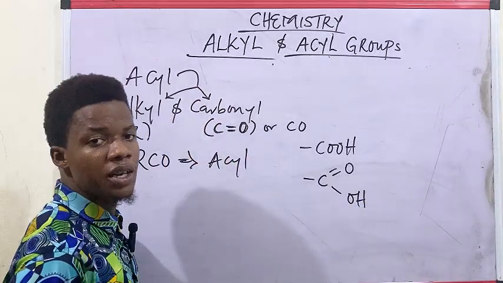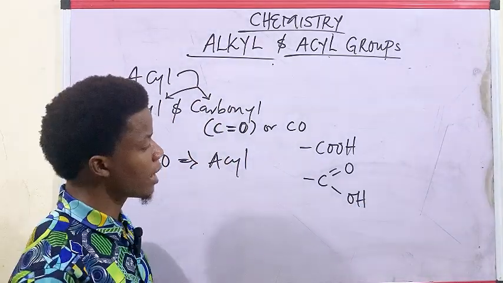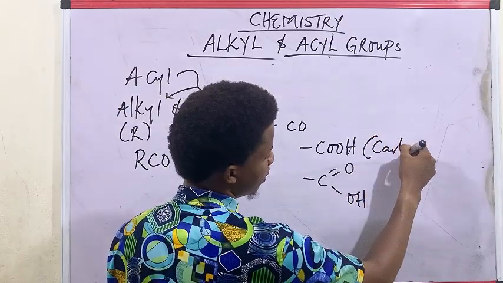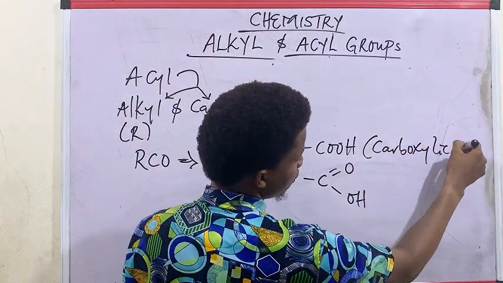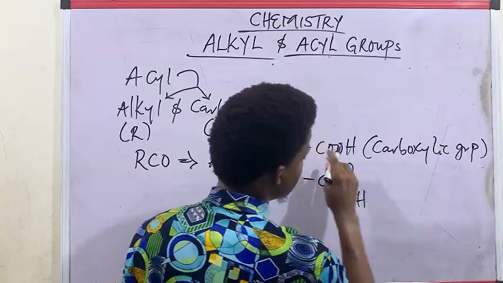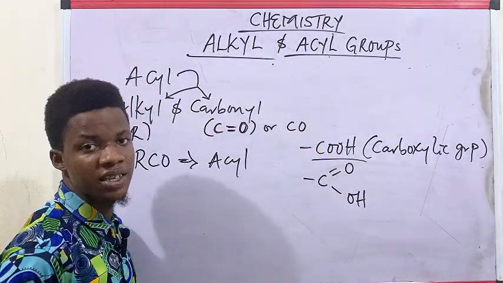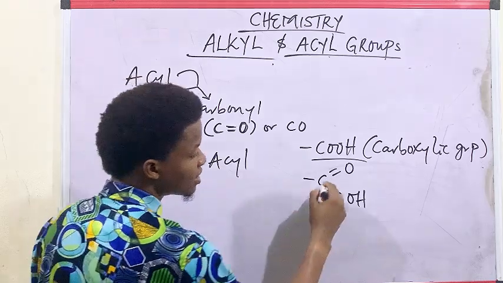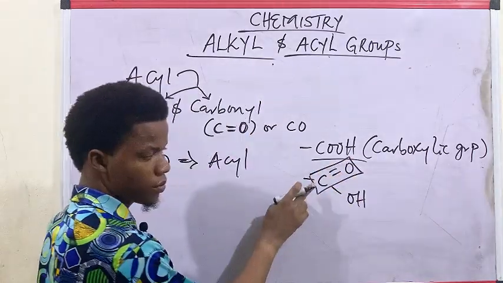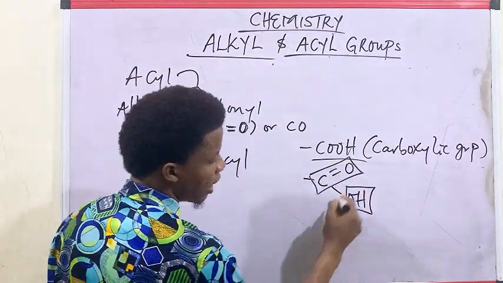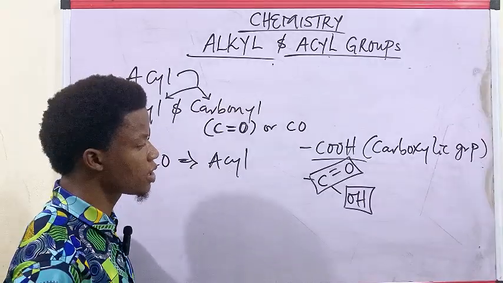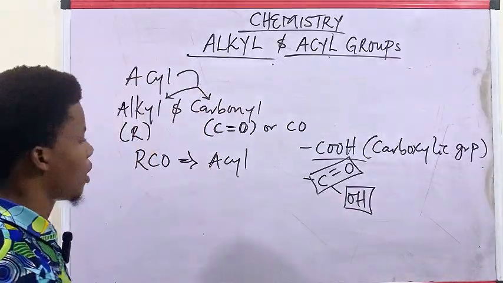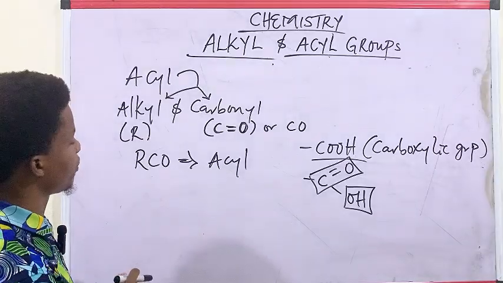So the carboxylic group of the alkanoic acid literally has two groups. It has a carbonyl group and what? A hydroxyl group. So please take note. C double bond O implies what? Carbonyl. Are we together?